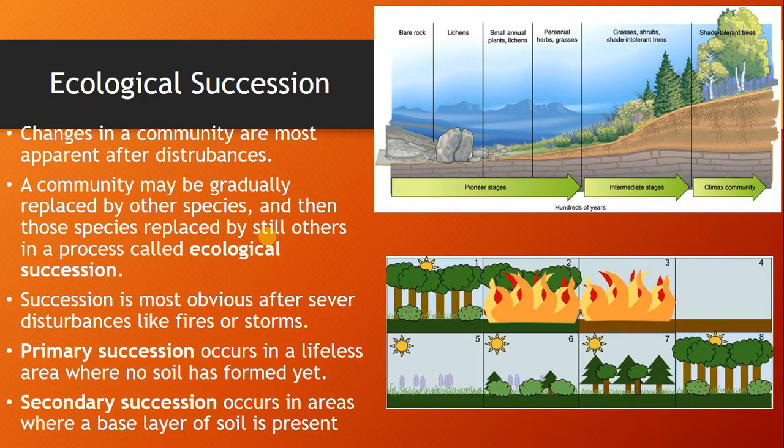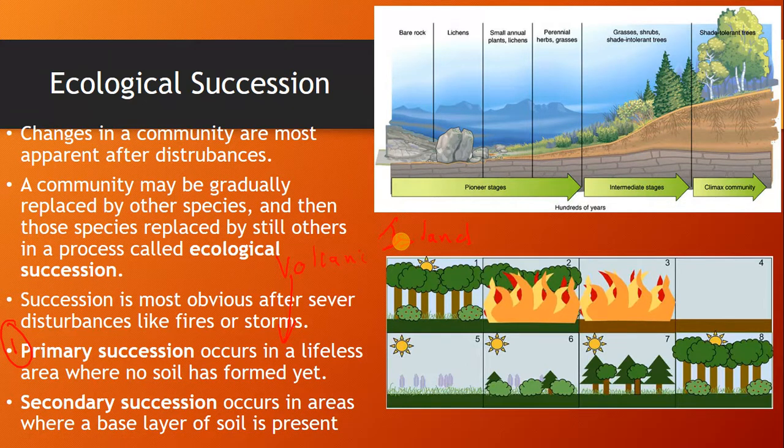There are really two types of succession. One, called primary succession, occurs in a lifeless area where no soil has formed yet. A good example of primary succession is a volcanic island. When a volcanic island first forms, there's just cooled rock, cooled magma, no dirt.